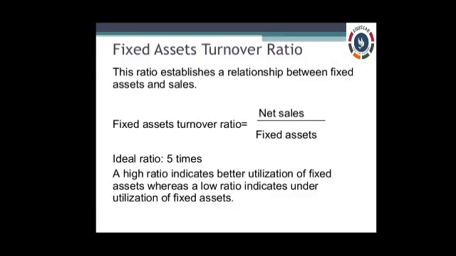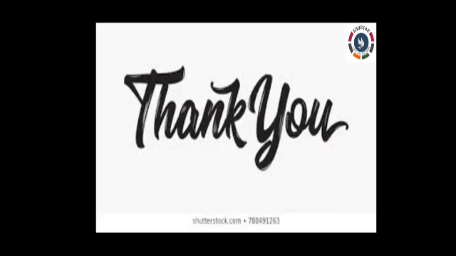So these are the ratios under activity ratios. In the upcoming video or class, we will see profitability ratios. Totally 10 profitability ratios are there, we can discuss. The last, fourth one is the profitability ratio.